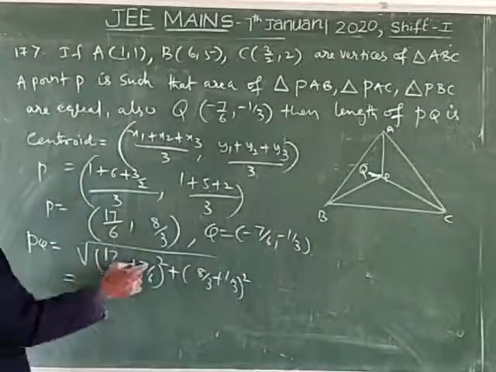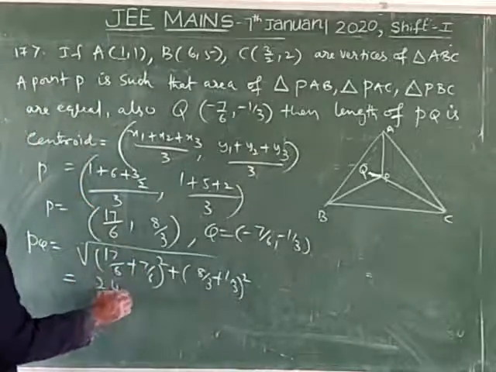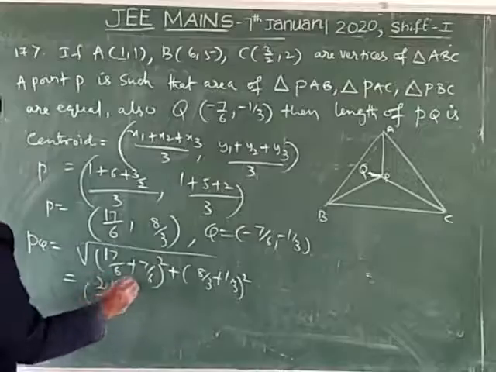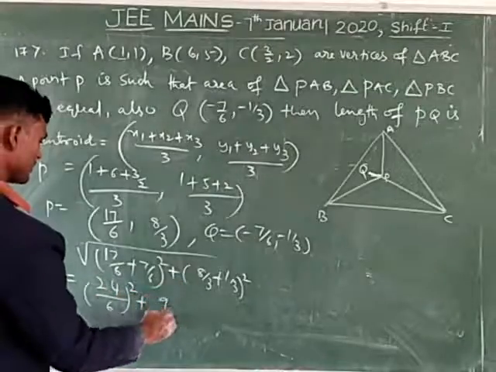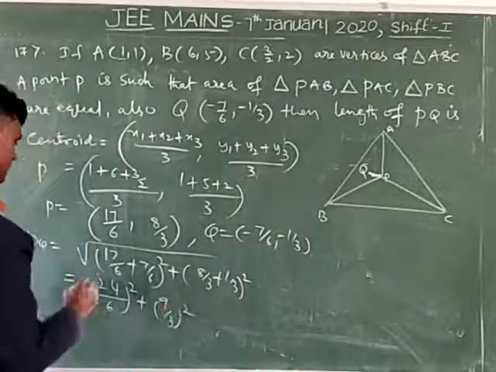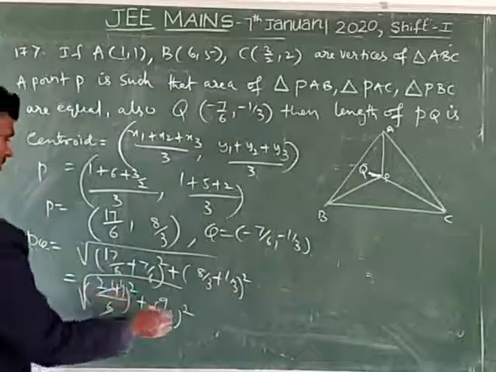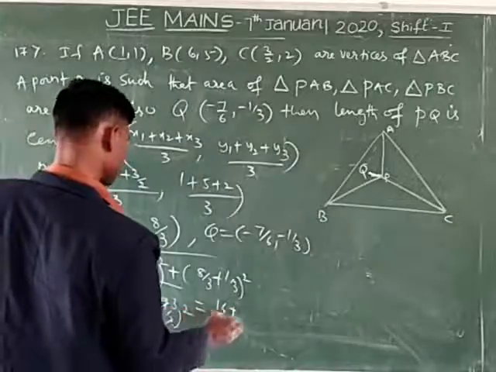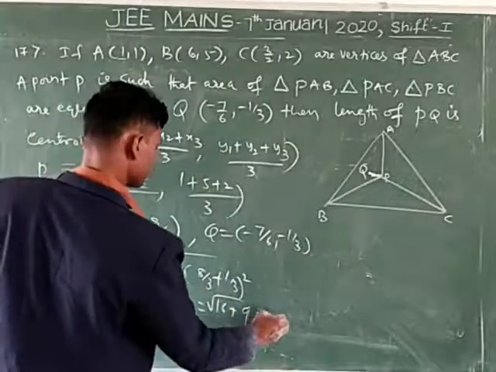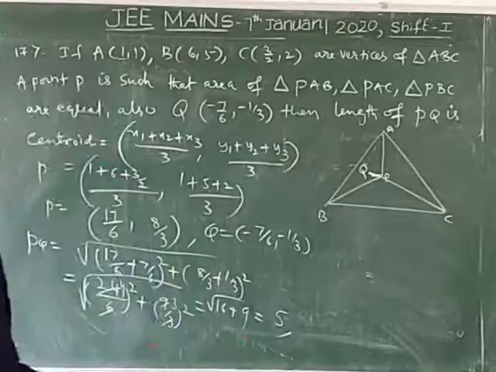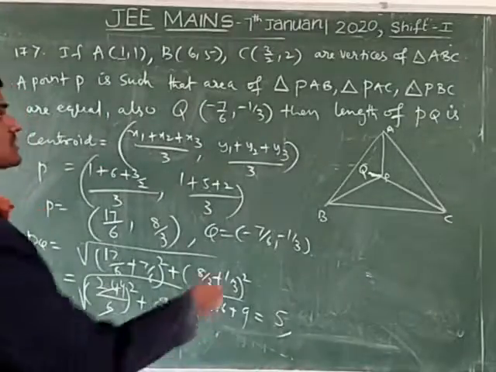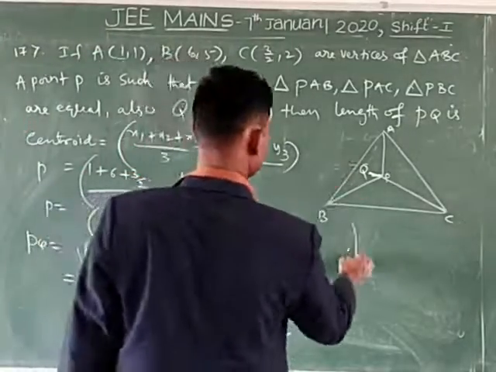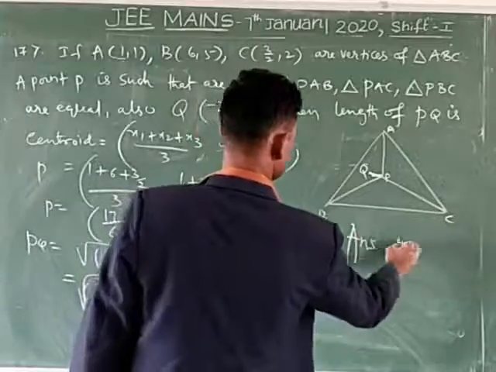Now 17 plus 7 is 24 by 6 whole square plus 8 plus 1, 9 by 3 whole square. Now 24 by 6 is 4, square 16, and here 3 square 9, which is 25, equal to 5 units. Answer is 5 units.